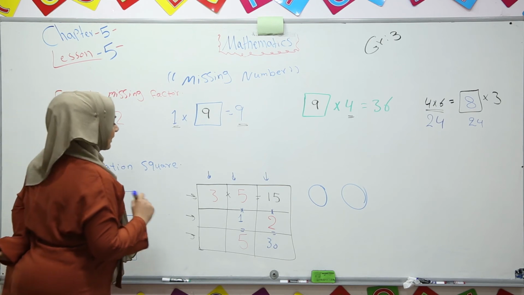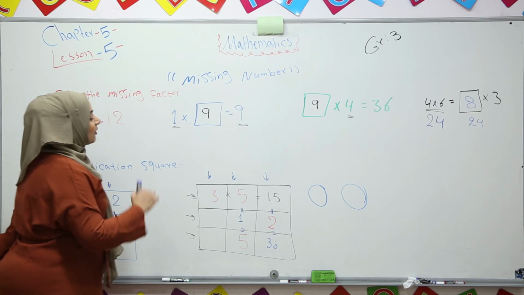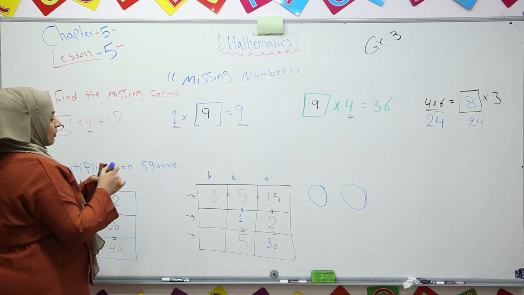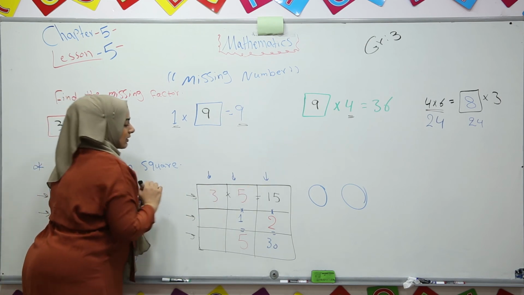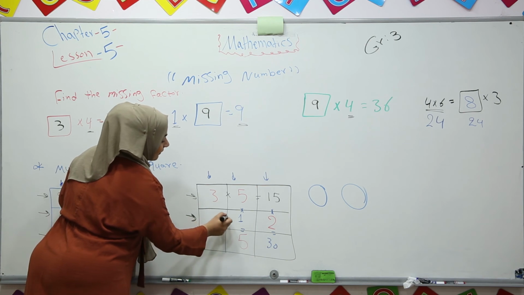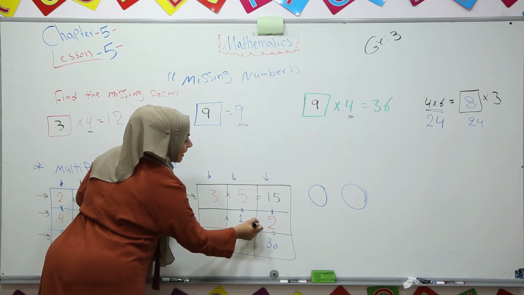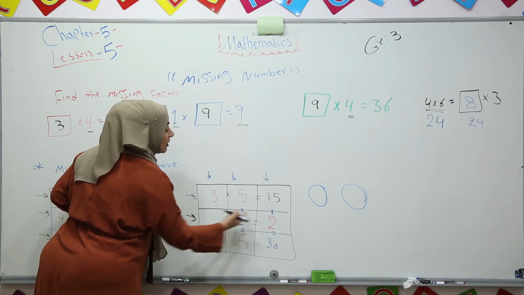Okay? Now look at it. Again, in this column, we only have one number. So go back to the rows. We solved this row. Go to this row. First number times by the second number equals the third number. 1 times by which number is equal to?